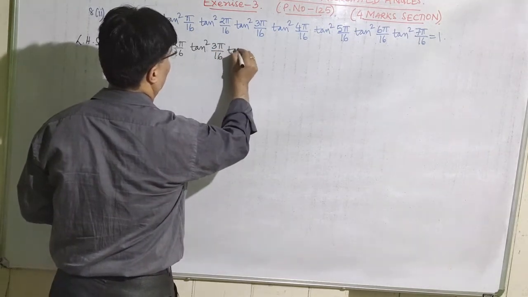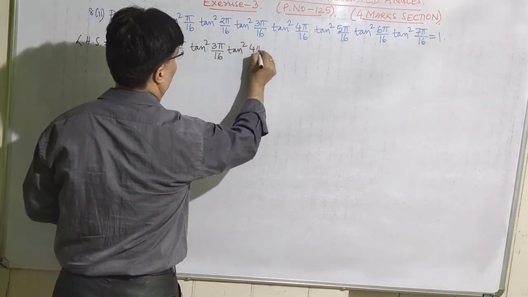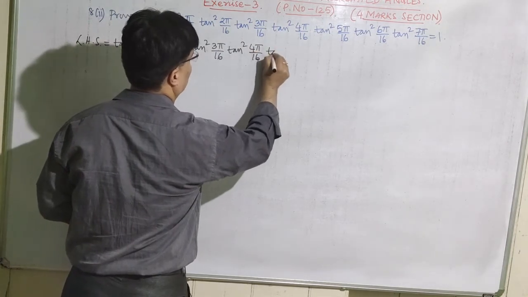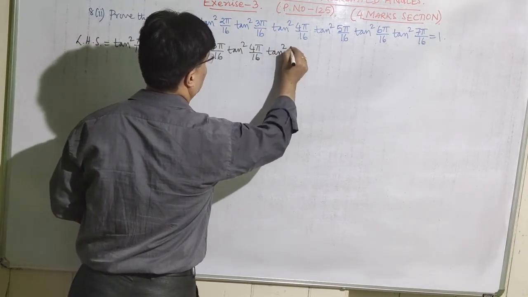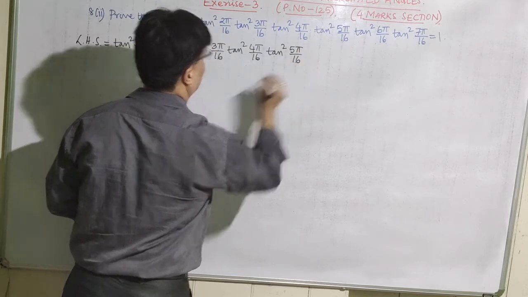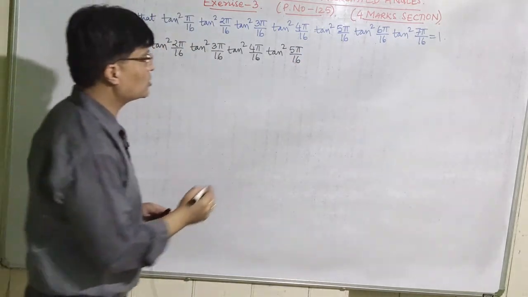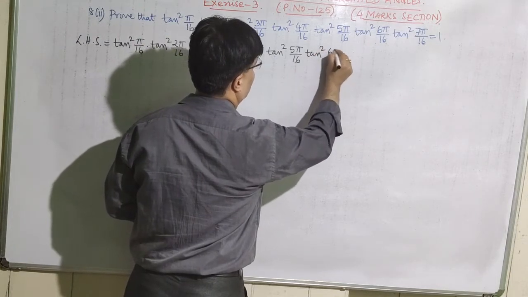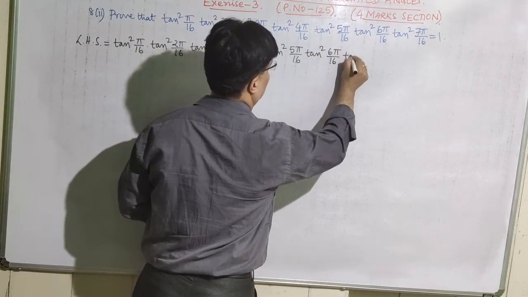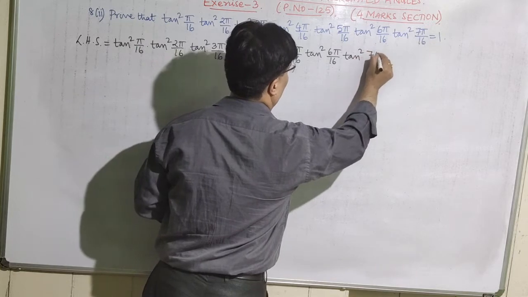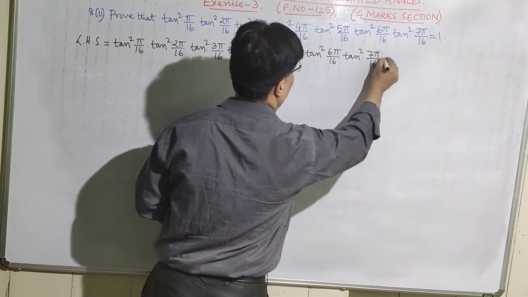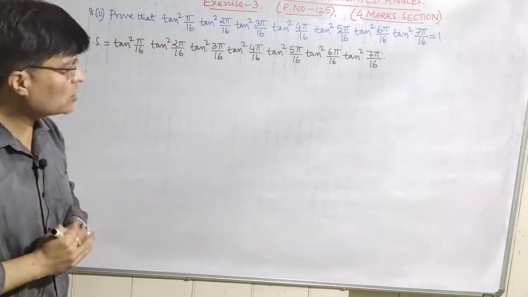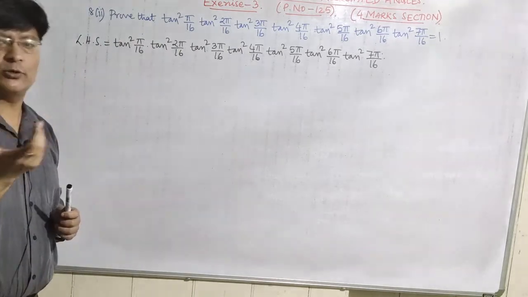It is tan square 4 pi by 16, tan square 5 pi by 16, then there is tan square 6 pi by 16, then tan square 7 pi by 16. So let us prove left hand side is equal to 1.